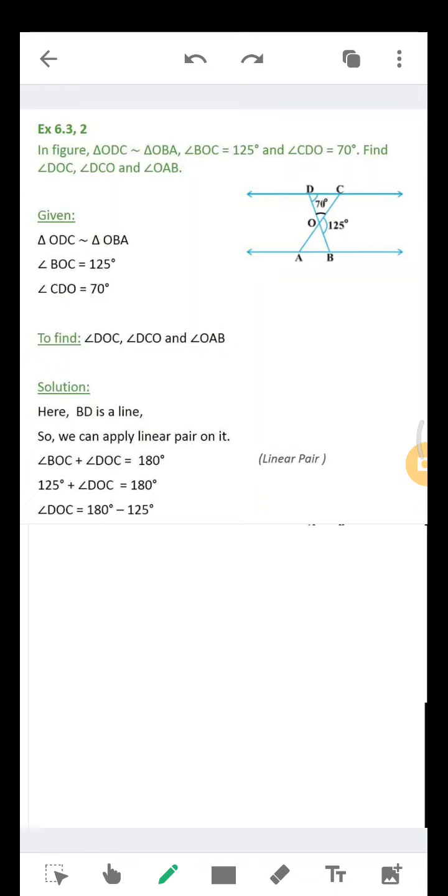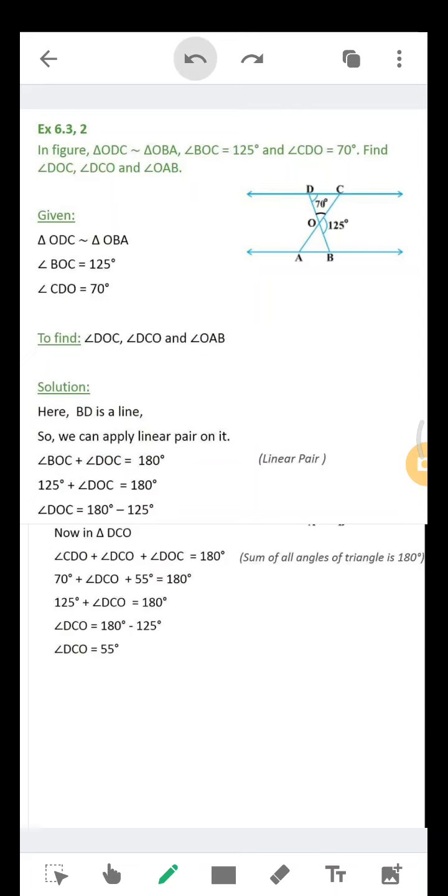So 125 plus DOC is equal to 180. So DOC is 180 minus 125. DOC will be equal to 55 degrees.